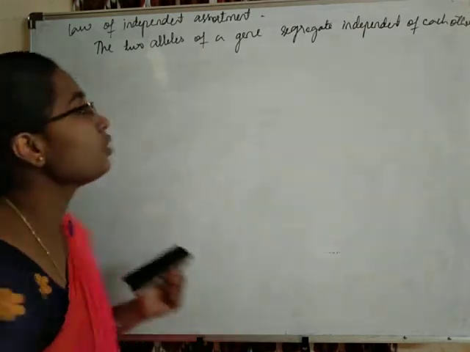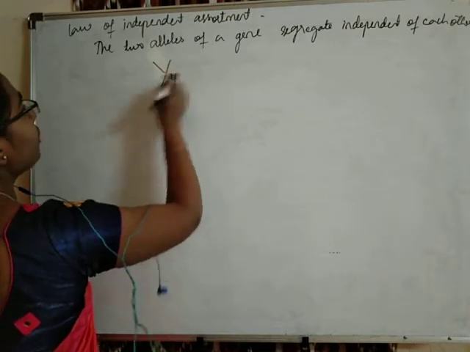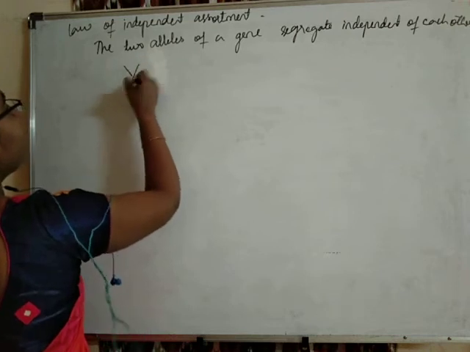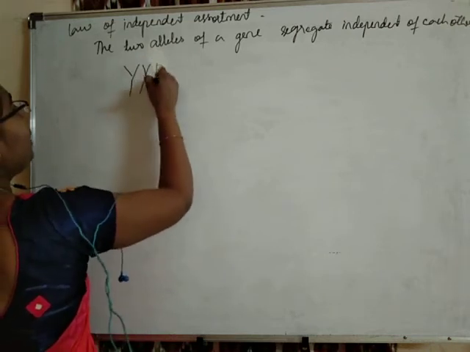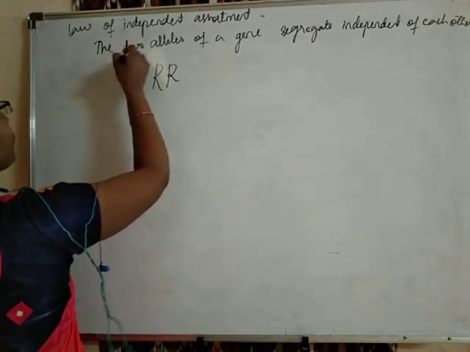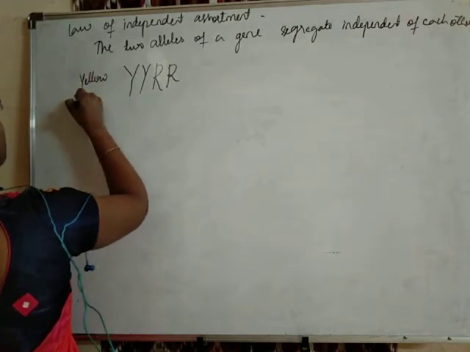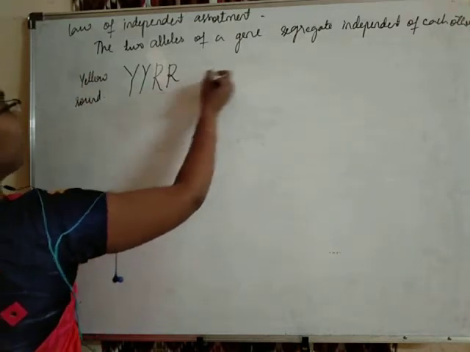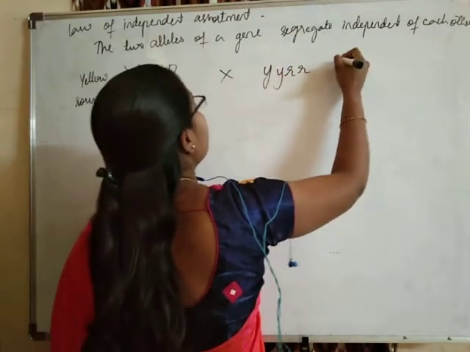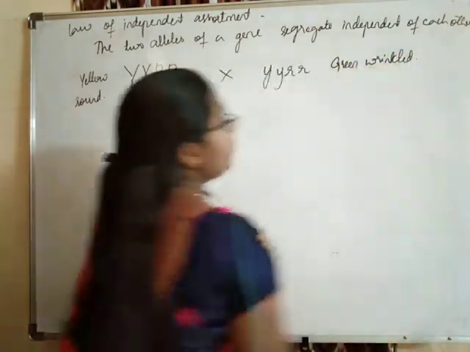So, let us see what is exactly happening. I will do the cross once. The yellow and round seeded individual, capital Y capital Y, capital R capital R, is crossed with small y small y, small r small r, which is a green and wrinkled seeded individual.